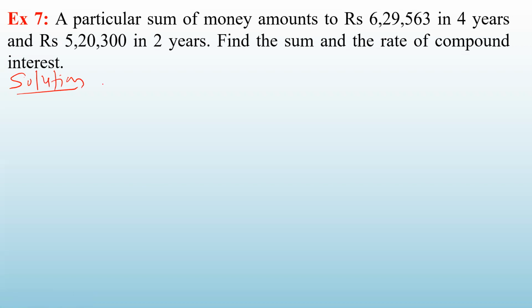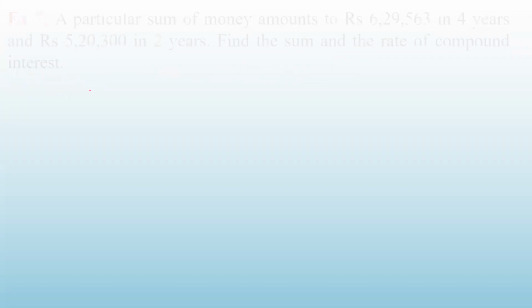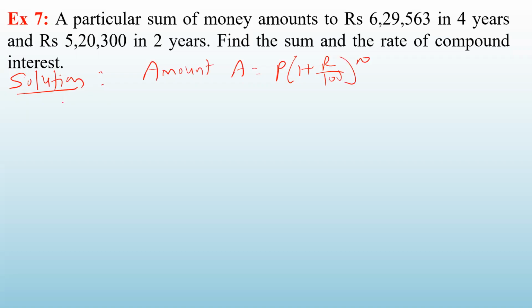You know what is your formula for amount A? This is your formula for calculating the amount, correct? Now here, amount is 6,29,563 in how many years?